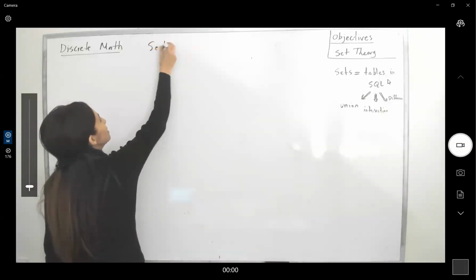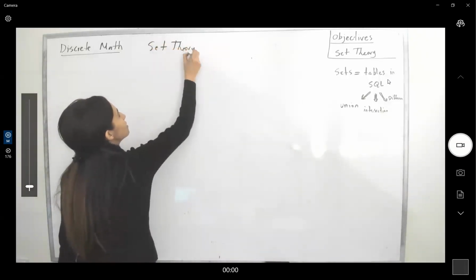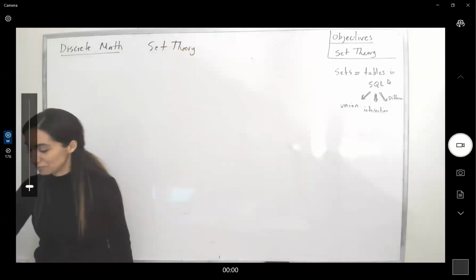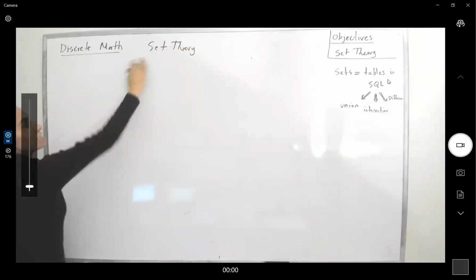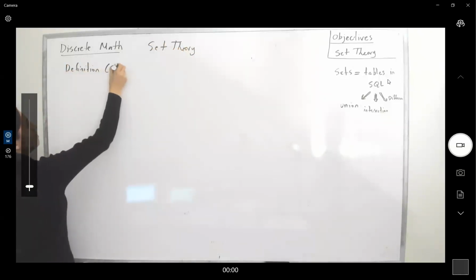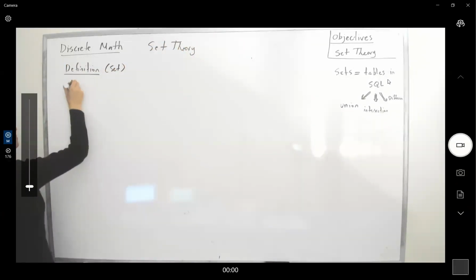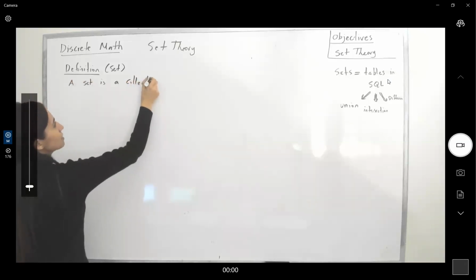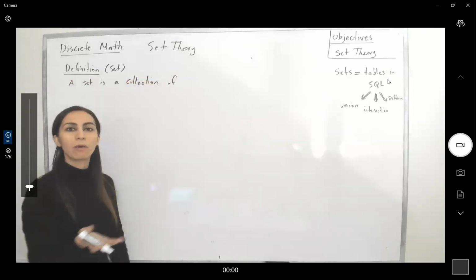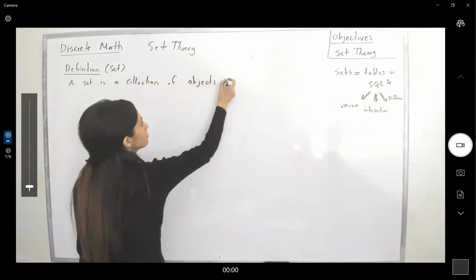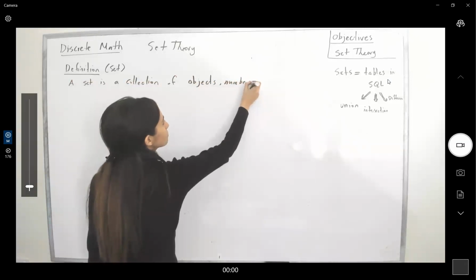Set theory. So let us start with the basic definition of set theory. Elements in set theory are sets. Definition of a set. A set is a collection of numbers, objects, and so on.